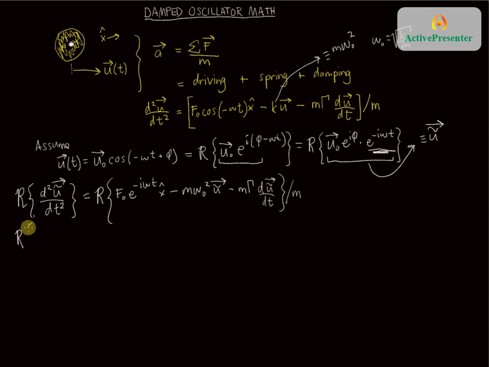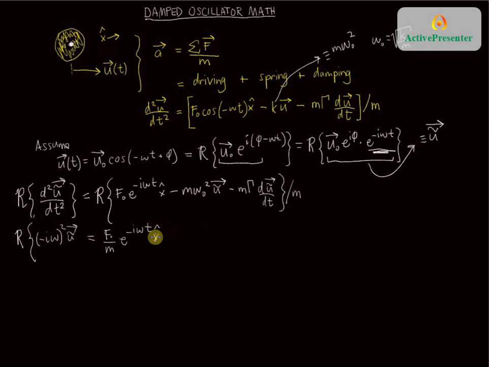So I can rewrite this whole expression. Now I start to take some advantage of the fact that this is oscillatory. A second derivative brings down two factors of minus i omega, and then I just get u tilde itself. I'll write real around the entire equation now. The first term is F naught over m e to the minus i omega t x hat.